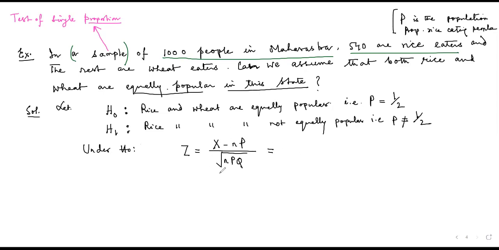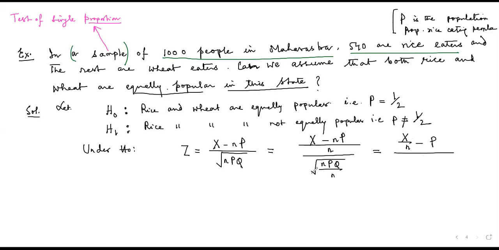This formula can be represented in another way. What you can do is divide both the numerator and denominator by small n. Or you can directly substitute 1000 and the capital P value, and 540, over there. You can do it, or you can write it in this manner also. That is another form that you have to know.